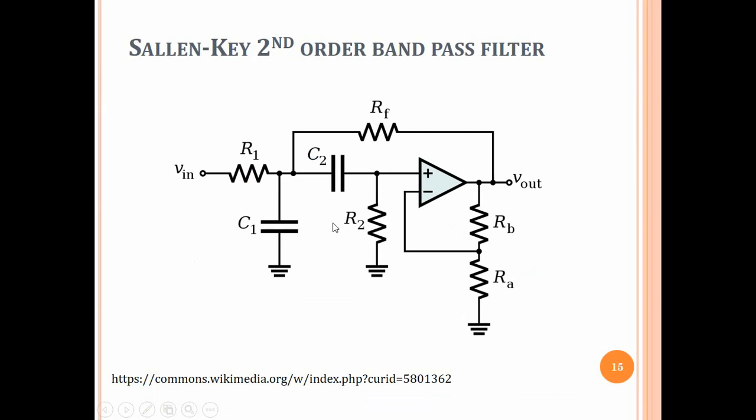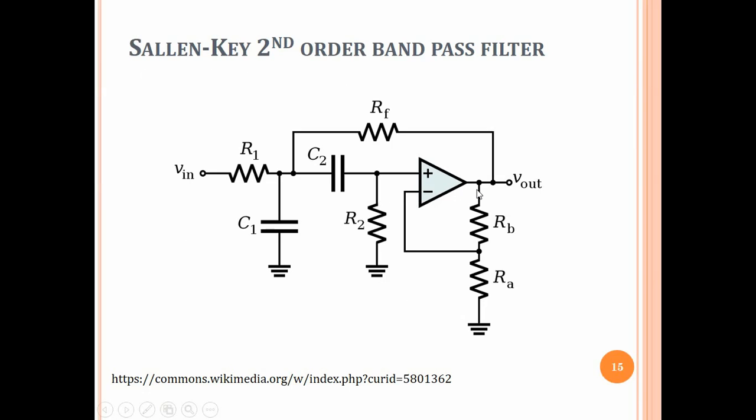Here is another band pass circuit which is more complex and it is very peculiar. This is called a Sallen-Key filter, but it has very fascinating and interesting characteristics. Again, derive the transfer function, draw the Bode plot.